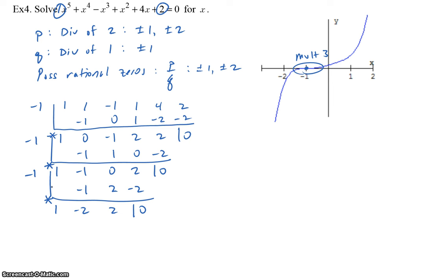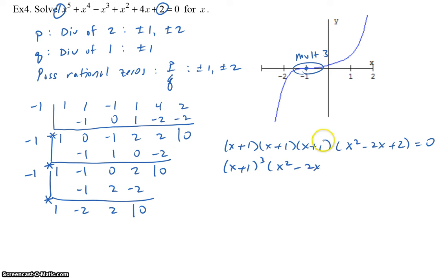So what we've done is taken this equation and essentially found that x plus 1 occurs as a factor 3 times with a remaining factor of x squared minus 2x plus 2. In other words, (x plus 1) cubed times (x squared minus 2x plus 2).